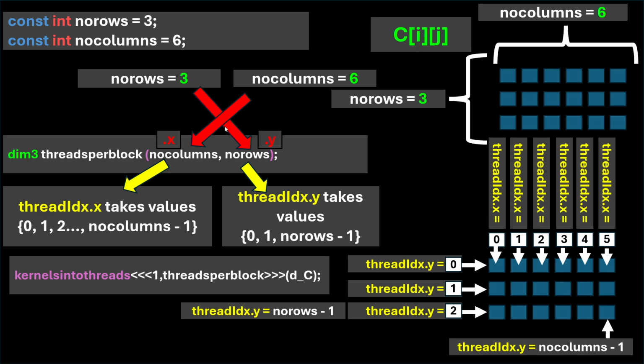And for the number of columns, if we want columns, we pick up indexes through this built-in variable which represents the indexes on the x-axis. So for the number of columns, we put .x here, because in this struct variable, .x actually holds the number of columns.